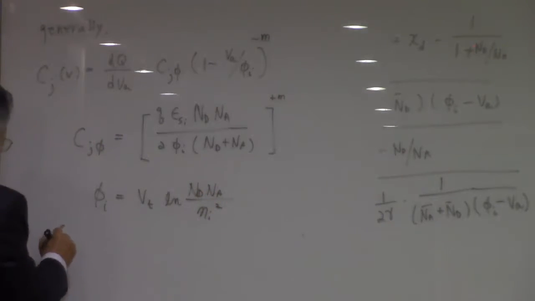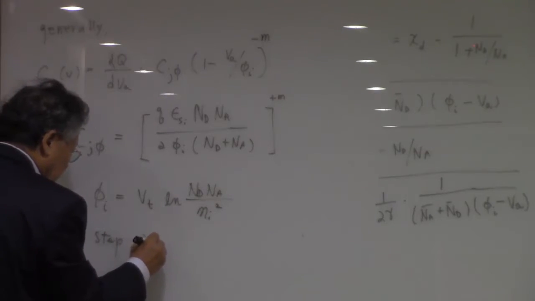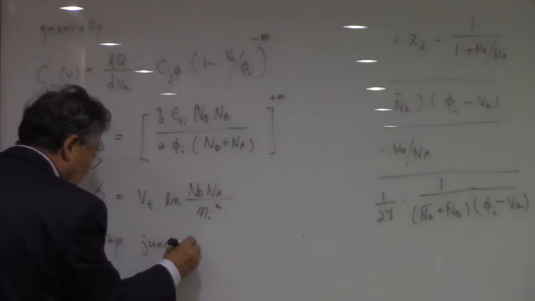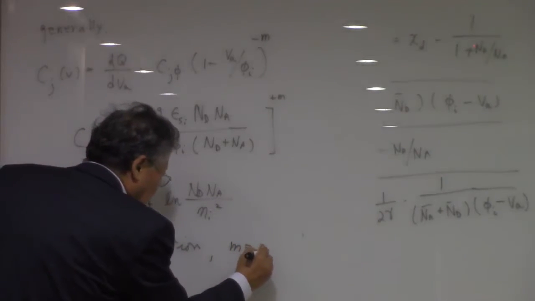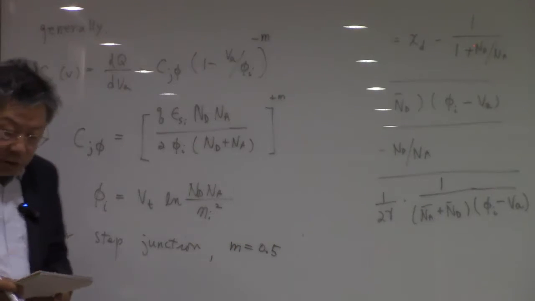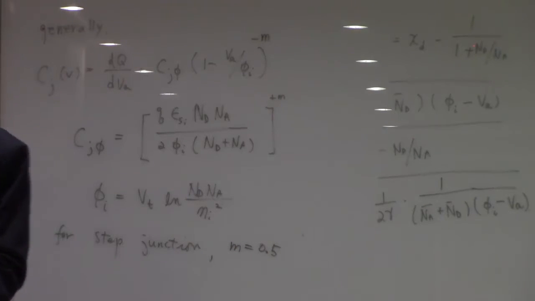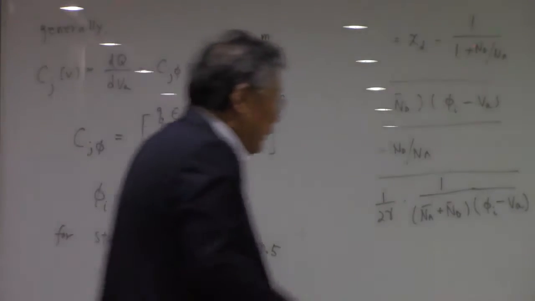Now for step junctions that we have discussed right now, this m is going to be 0.5. If it is not a step junction, we should find the proper m for that junction. Okay?